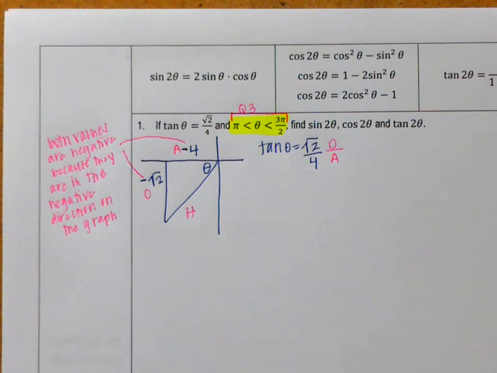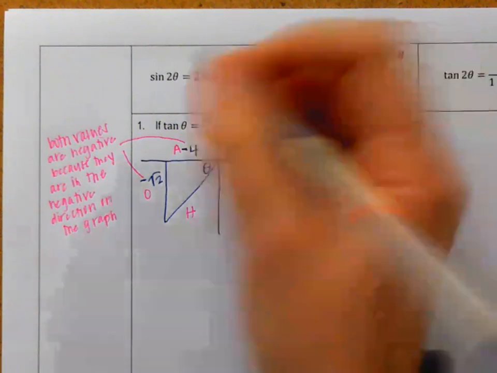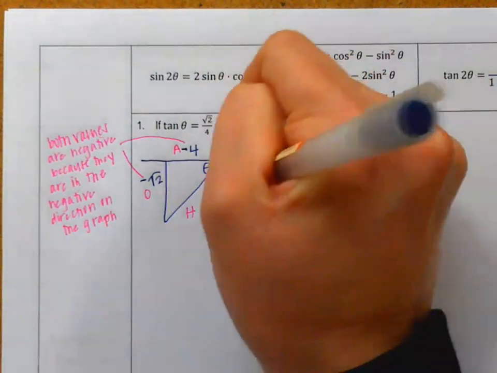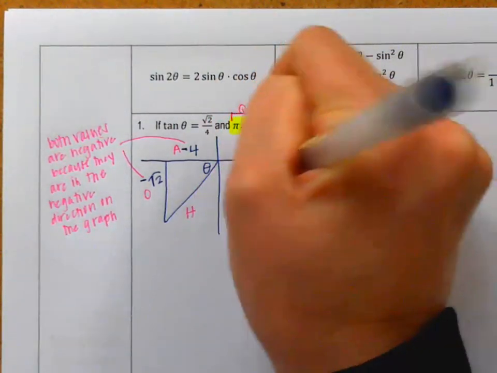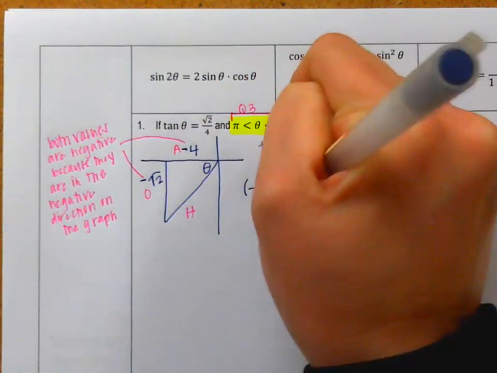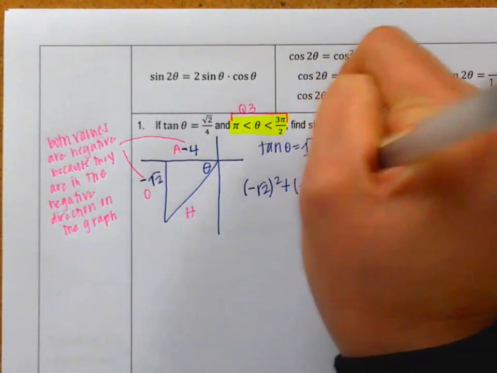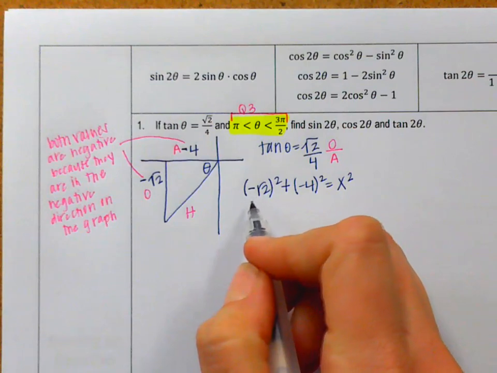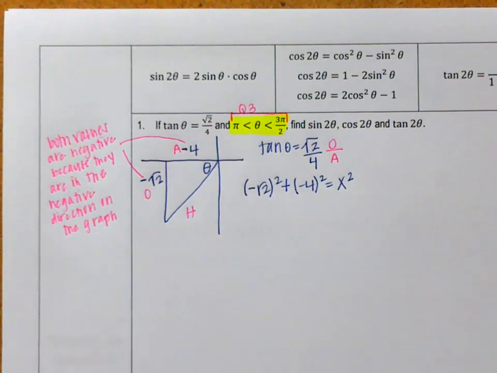Okay, so the last thing we have to do is just find our missing side length. So it's our hypotenuse. That means it's going to be leg squared plus leg squared equals hypotenuse squared. So that's going to be negative rad 2 squared plus negative 4 squared equals x squared. Now, when I square a radical, for one, the negative goes away.